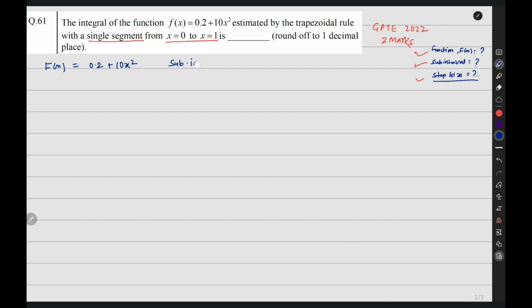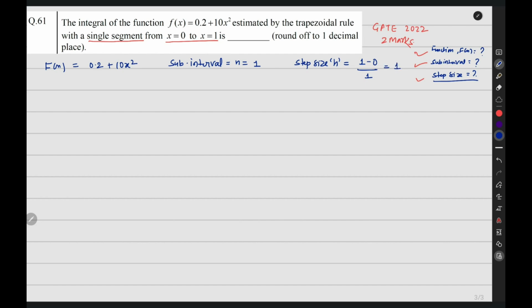Subinterval: as in the question it is given that we have to perform it in a single segment, so n would be 1. Step size h would be calculated by subtracting the lower limit from the upper limit, so it would be 1 minus 0 divided by the value of n, that is 1. So it will be 1.